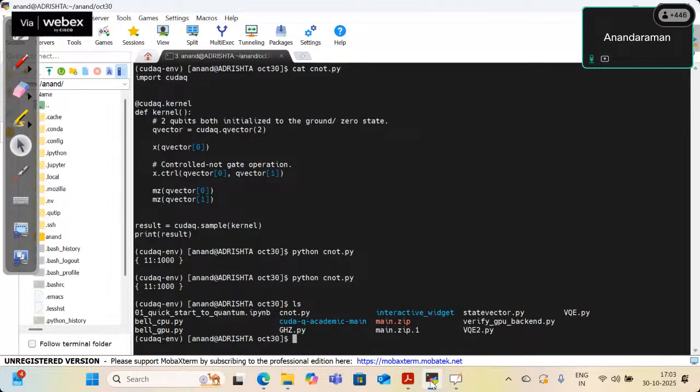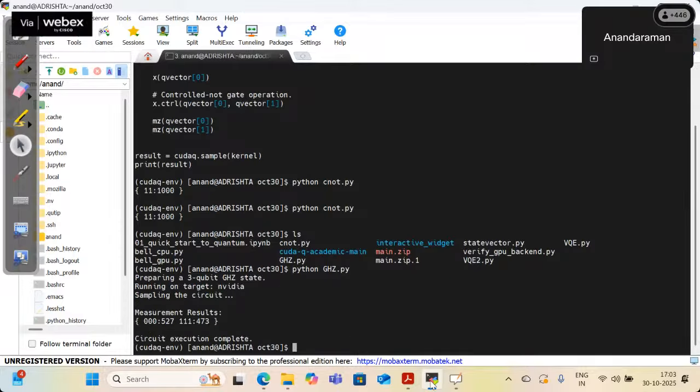I am just running this program. It is 3-qubit, so all three are 0 or all 1. That means a fully entangled state. It is run for 1,000 shots. 527 times I am getting all 0, and 470 times I am getting all 1.